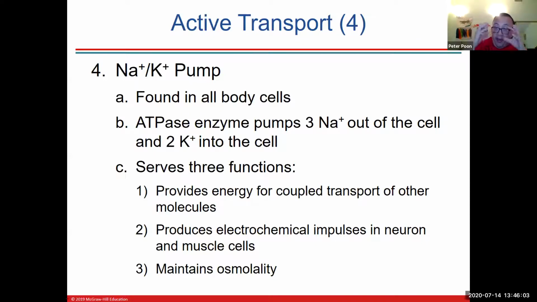So I set up an electrochemical gradient across the membrane. This provides energy for coupled transport of other molecules, which we'll talk about shortly. It also produces electrochemical impulses in neurons and muscle cells, and maintains the osmolality of the cell.